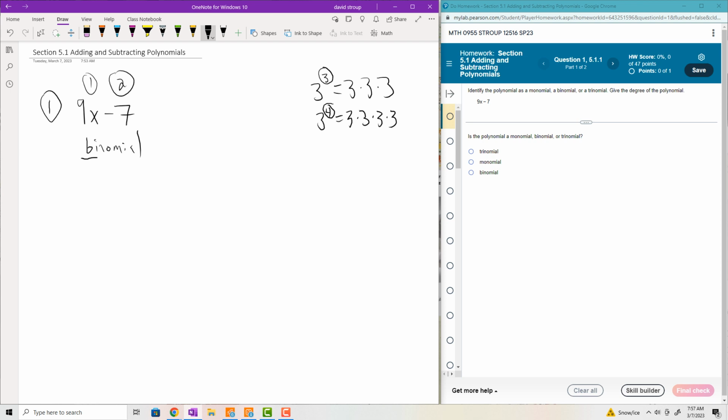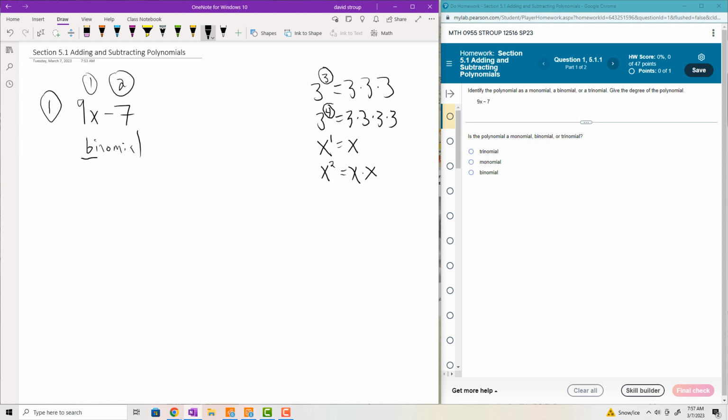Okay, so in our particular instance, we have a variable raised to some power. So I have an x, and there's no power there, but we just presume that means 1. So there's a power of 1 if you don't see some power there, which is just x. If I have x squared, that just means multiply x by itself twice.